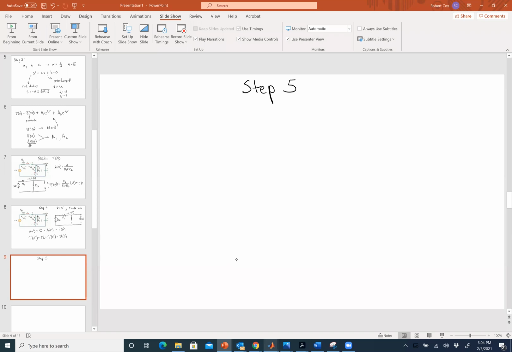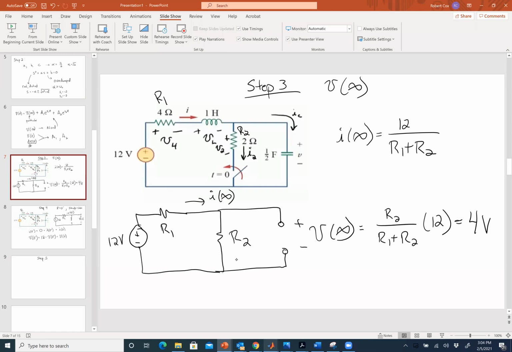Sorry for interrupting, but what's the difference between 0 plus and 0? Or are they the same thing? So 0 is tough to say. If the switch closes at 0, what state am I in, switch open or switch closed? I'm in the moment when the switch moves, and no switch moves in 0 time.